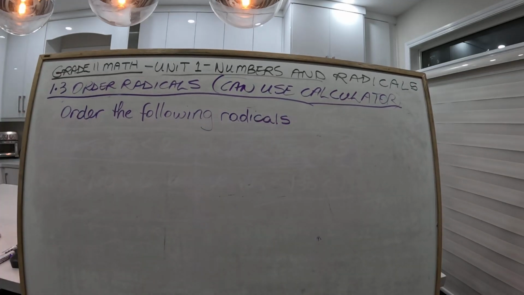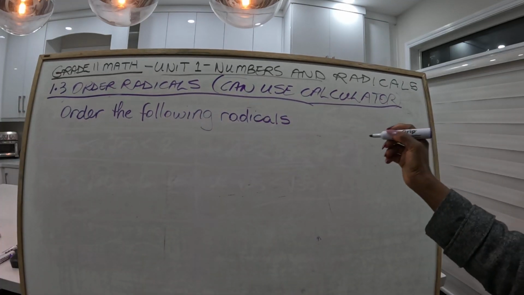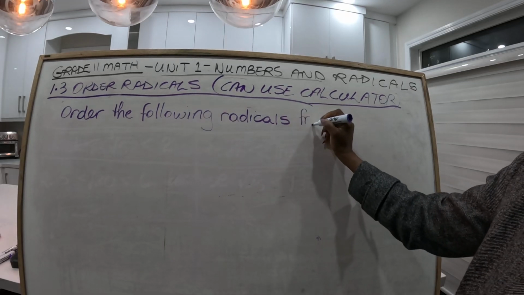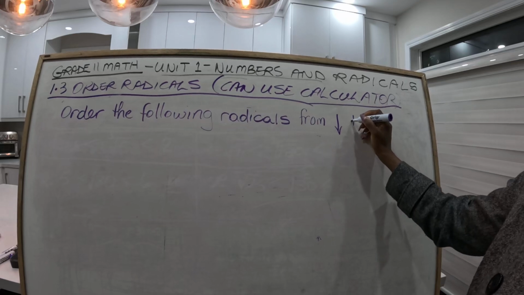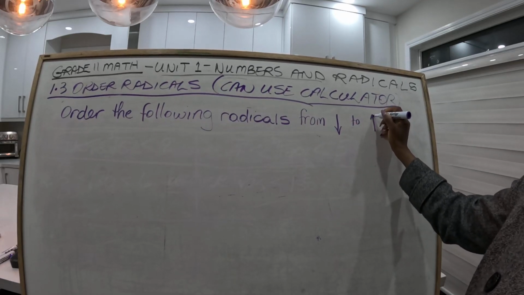We're going to order the following radicals from smallest to largest.